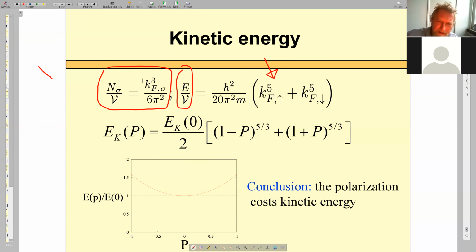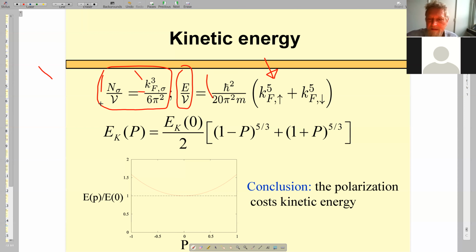There are plenty of coefficients coming, which I don't want to keep. So I write it as follows. I estimate Kf for every direction, up and down, from this formula.